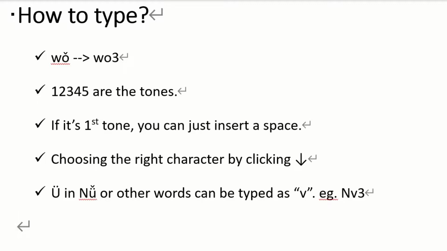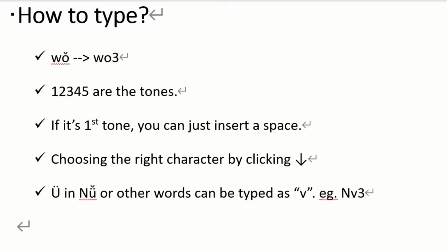Once again, for first tone, please type number 1, second tone, number 2, third tone, number 3, fourth tone, number 4, and the fifth represents the neutral tone. Also, if it is first tone in the pinyin syllable, you can simply insert a space instead of number 1. It's all up to you. You can choose to type 1 or insert a space.